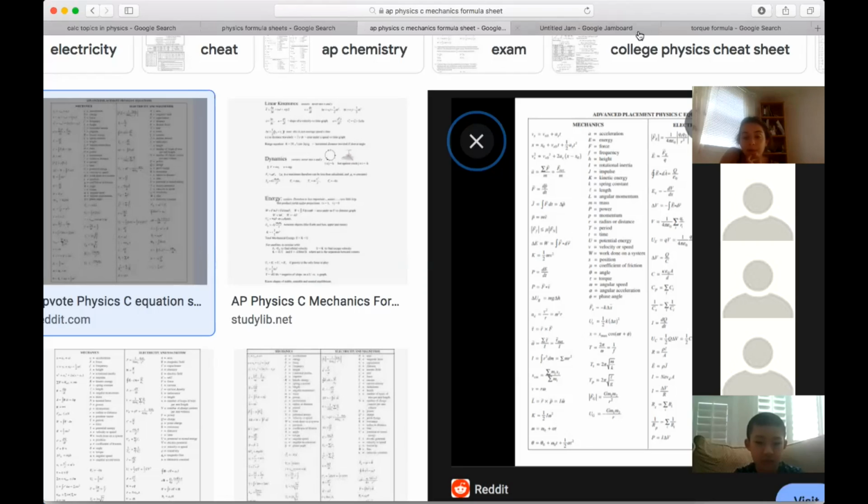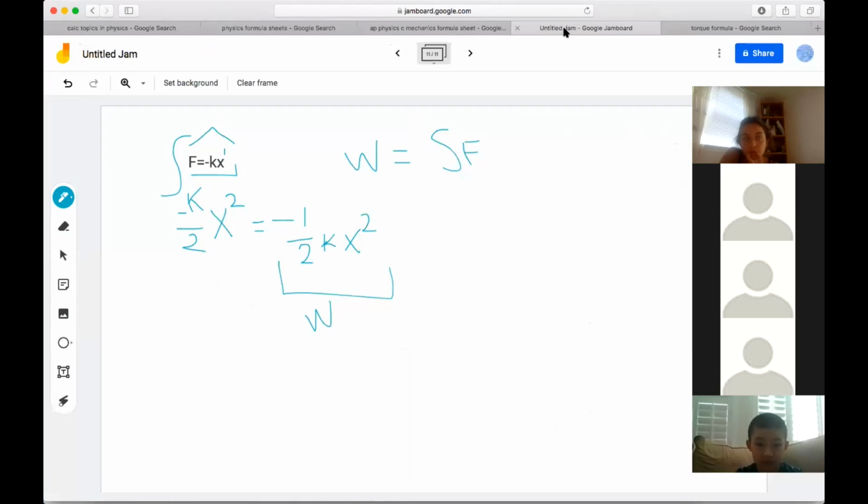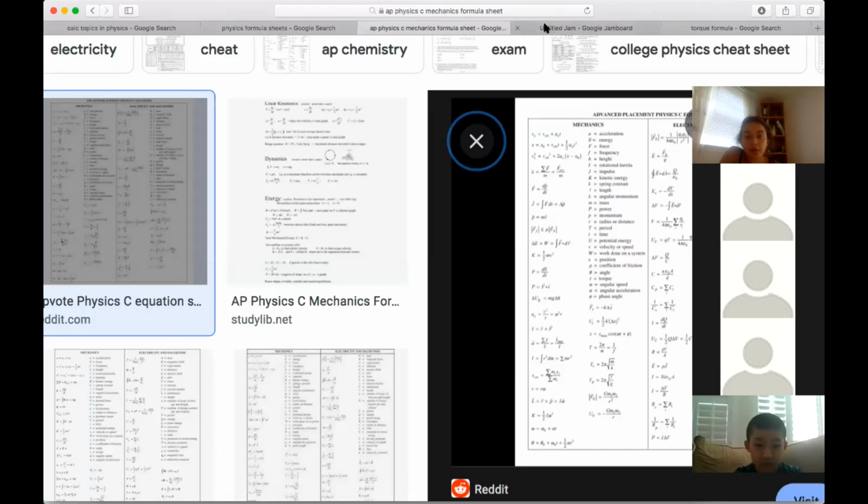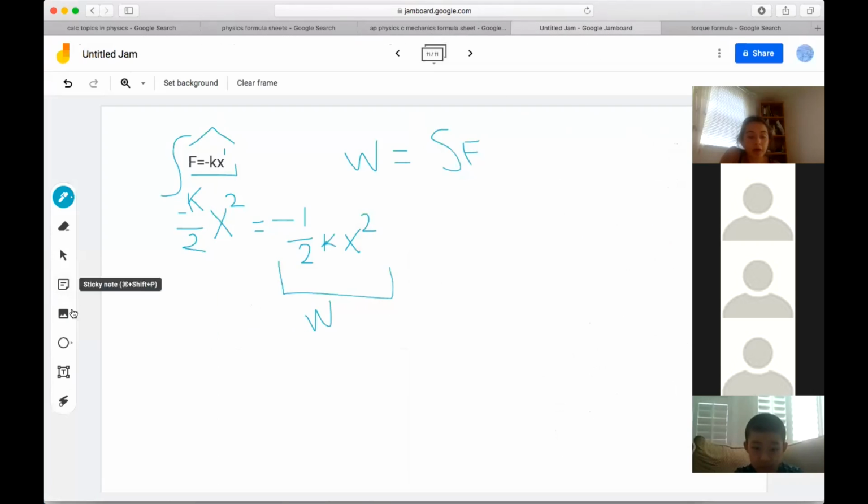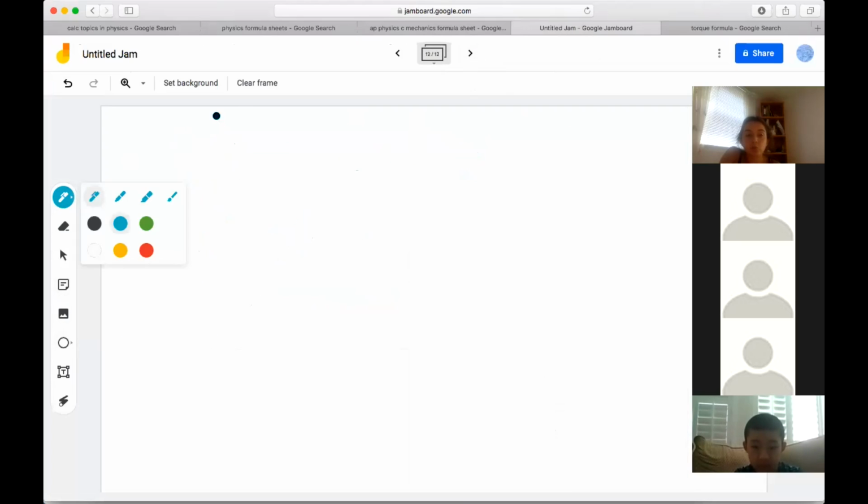Yeah. So let's see. Now let's move on to this equation, because you're definitely gonna have to use calculus for this, because on the formula sheet it only gives you one.